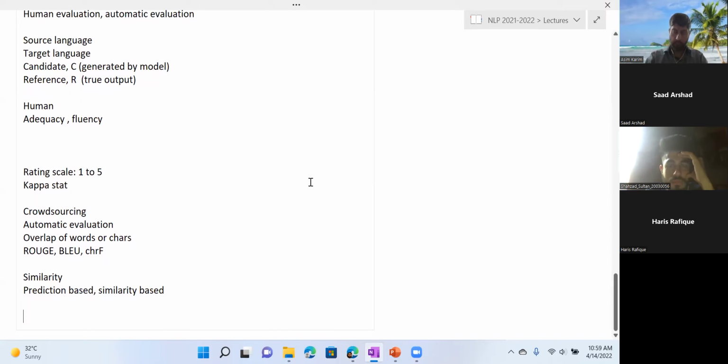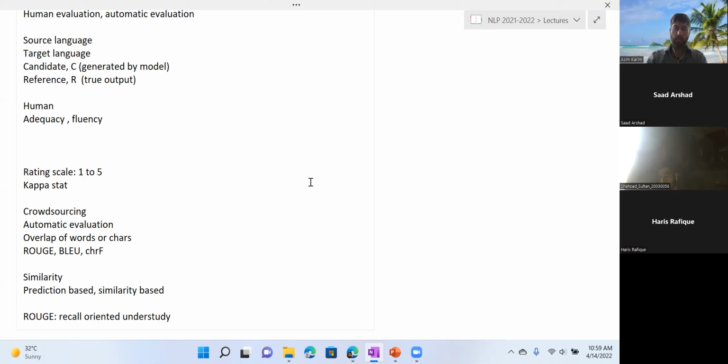And let's see, we are almost out of time. So let me just start with Rouge very quickly, and then you get ready for the quiz. Rouge basically stands for recall oriented understudy for gisting evaluation.